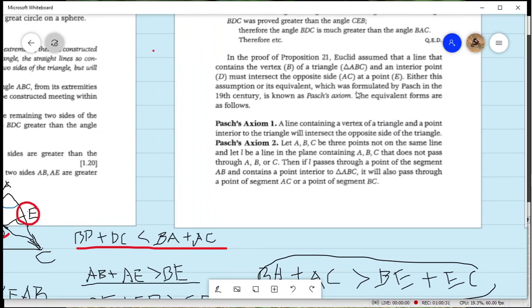Which was formulated by Pasch at a later time, in the 19th century, which was known as the Pasch's axiom. Okay, so the Pasch's axiom was formulated way later than the proof of proposition 21 of Euclid.